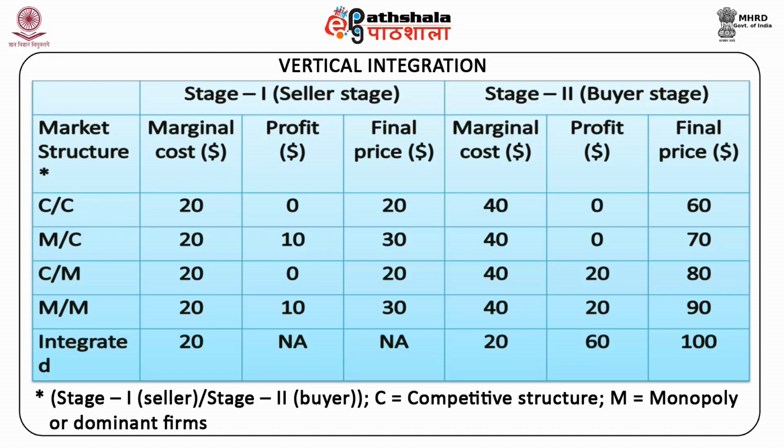Fourth, with market structure 4, where both stages are monopolies, the final price is now 90, which is the sum of the monopoly prices in both the stages, with both firms earning monopoly profits. With market structure 5, where two monopolists integrate, the final price will be 100.